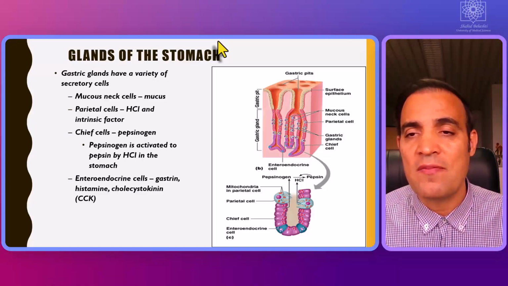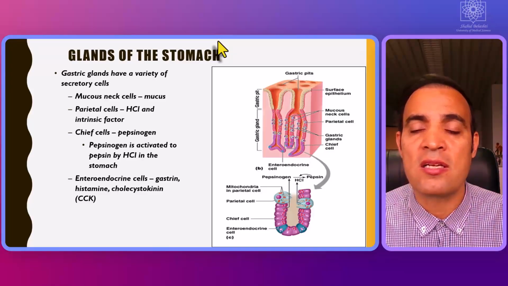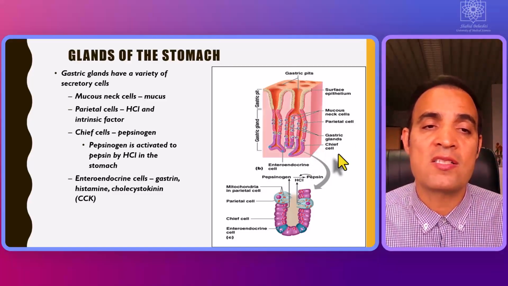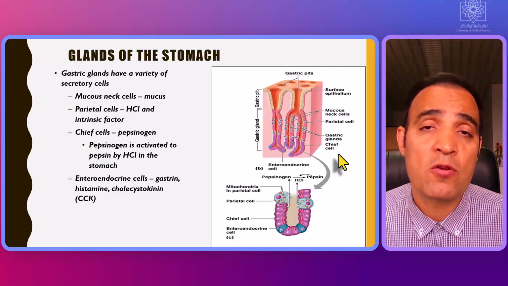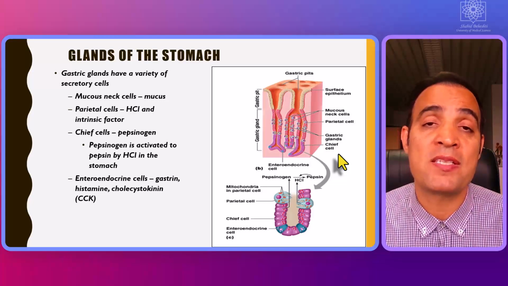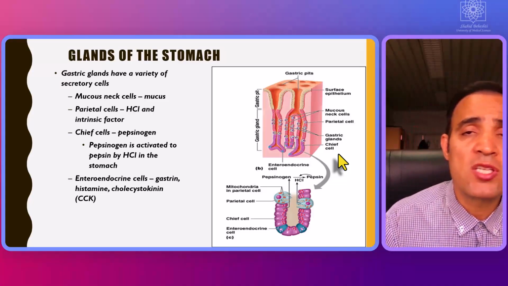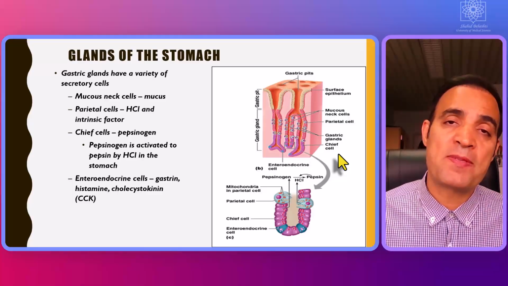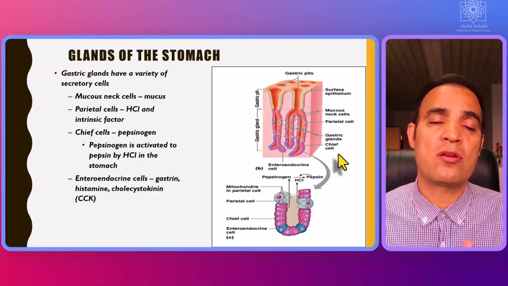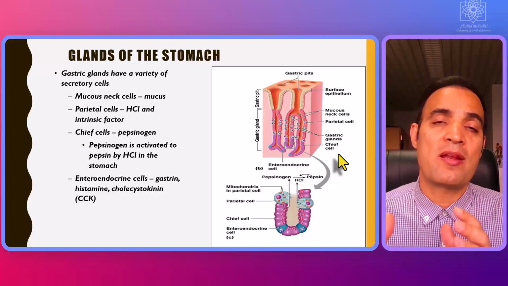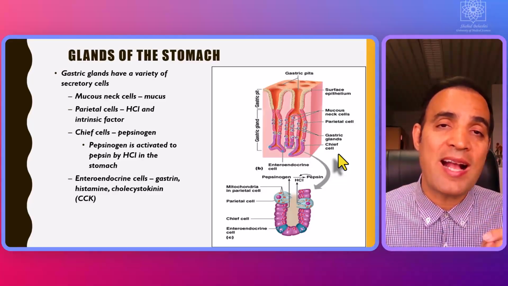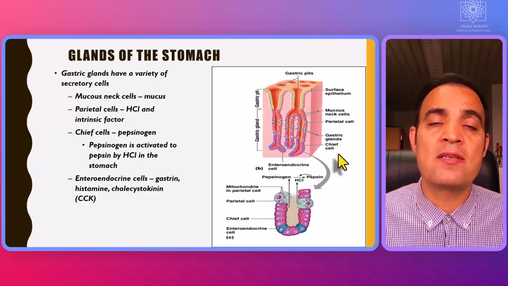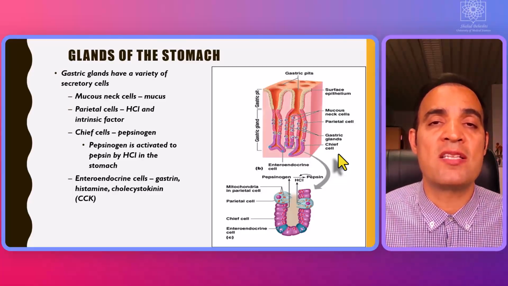In a deeper area, we have the chief cells, and chief cells are responsible for releasing a very important enzyme named pepsinogen. You know that pepsinogen is an inactive form of pepsin. When the pepsinogen reaches the gastric lumen, in the presence of high acidity, pepsinogen will be converted into pepsin.